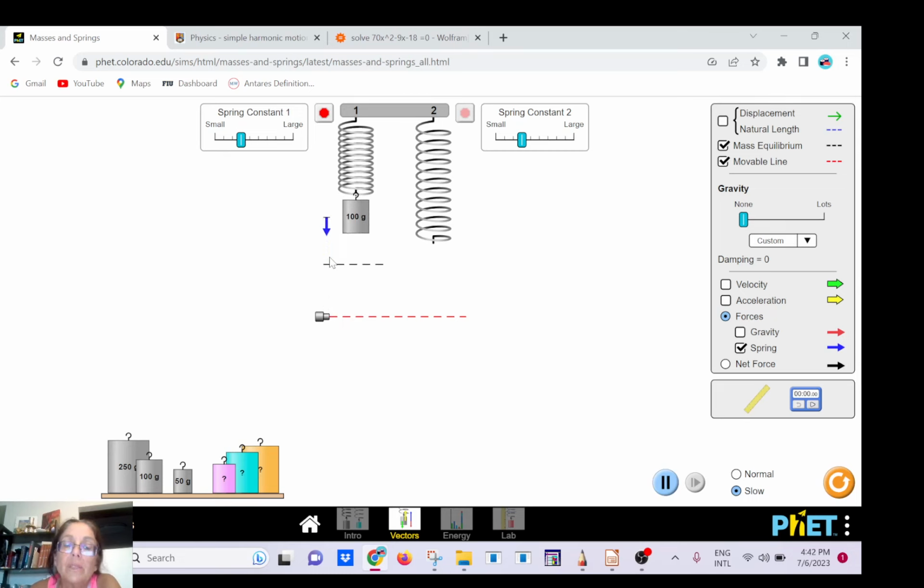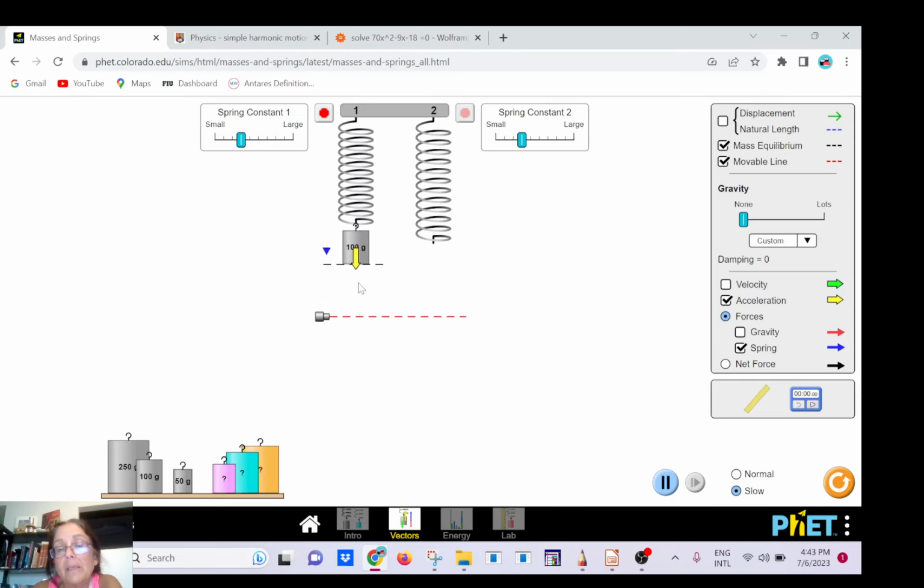Okay, so if you look at the sign here, it's going to be negative, 0, and then it's going to be positive again. Now, if you look at the acceleration, we see that the acceleration has exactly the same direction, just larger because the mass is small, 0.1.